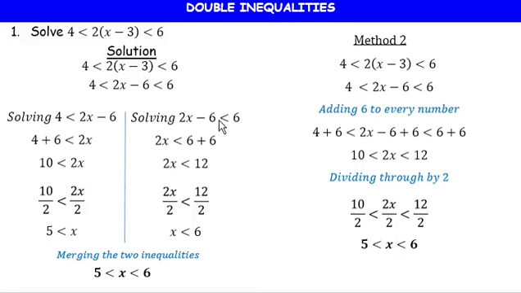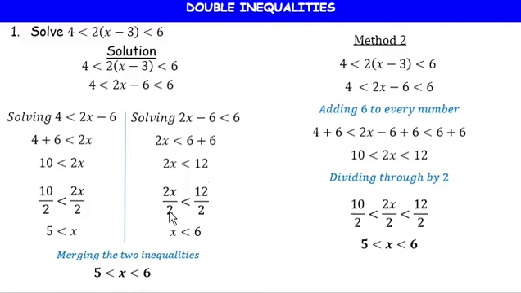So let's come to the second part of the inequality. We are going to solve 2x minus 6 is less than 6. Here too we group like terms. We move this negative 6 to the right side, so we have 2x is less than 6 plus 6, and that gives us 2x is less than 12.